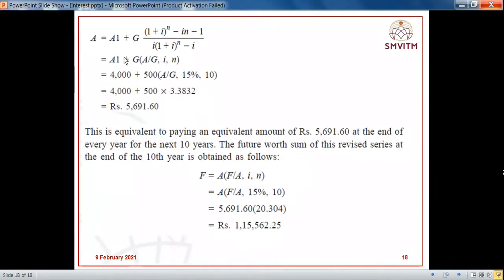A equal to A1, the initial payment, plus G, the gradient of 500, into [(1 plus I) to the power n minus I n minus 1] divided by [I into ((1 plus I) to the power n minus I)]. Or you can take the value from the table, A by G, I, n. You will get A as 5691.6.